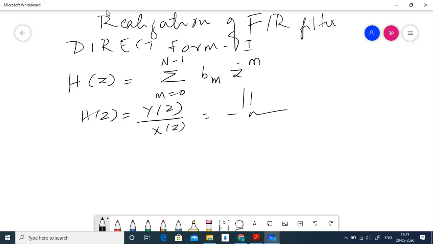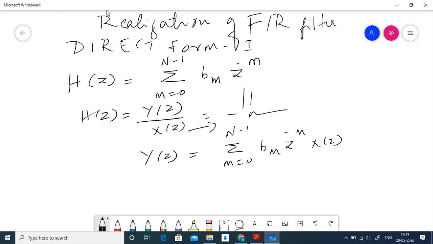In the next step, I'll transfer this X(z) to the RHS. As a result, you will get Y(z) = summation m = 0 to N-1 of b_m z^-m into X(z).